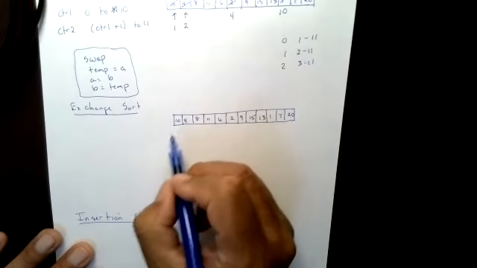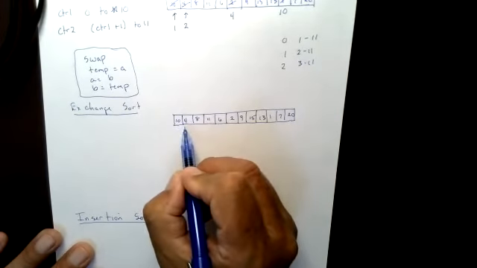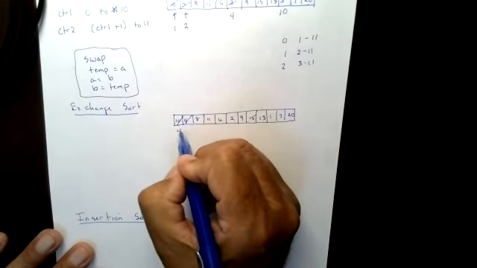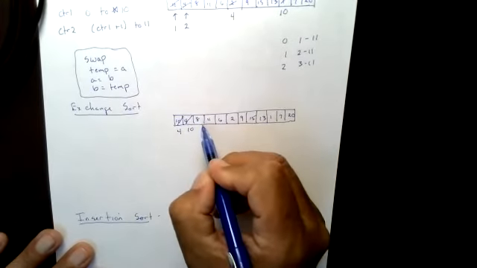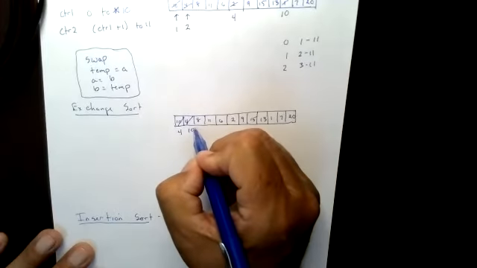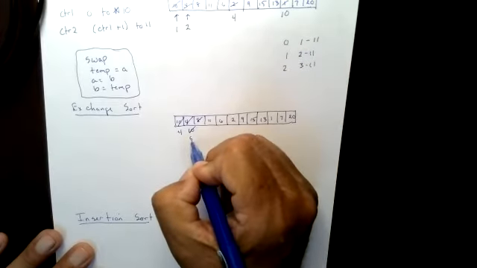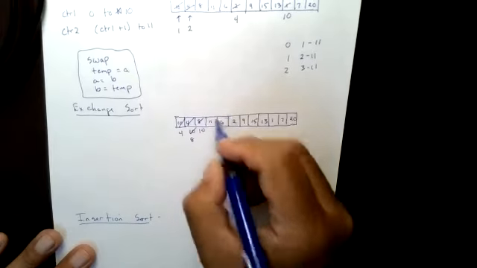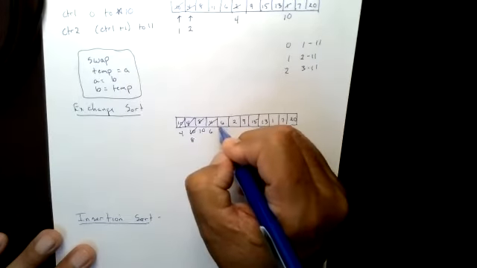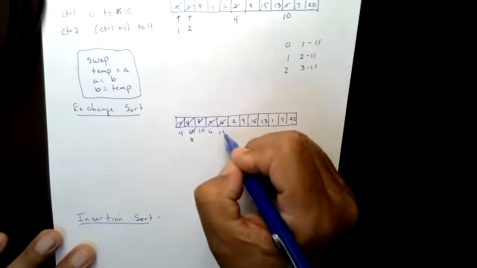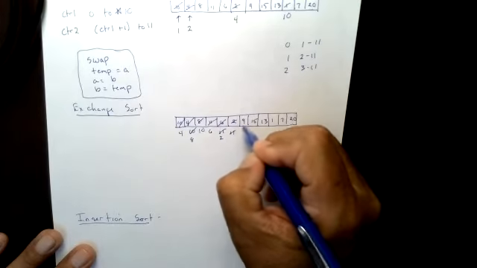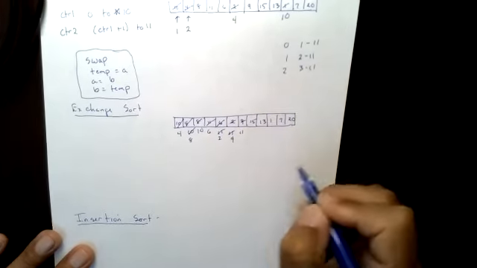So I check 10 and 4. Do they need swapped? Yes. 10 and 8, do they need swapped? Yes. 10 and 11, that's good. 11 and 6, they need swapped. 11 and 2, they need swapped. 11 and 9, they need swapped.